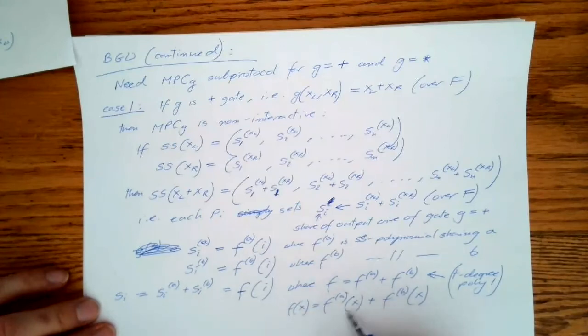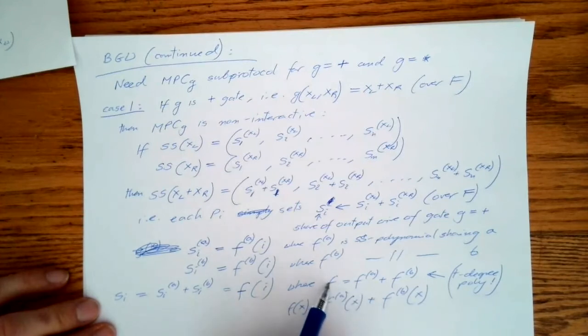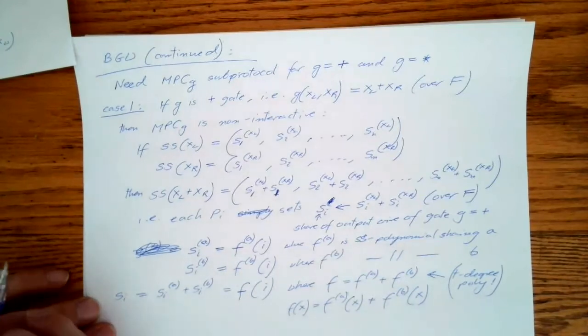Because if this is a t-degree polynomial, and this is a t-degree polynomial, you just add them coefficient-wise, and you get this polynomial. So this corresponds to coefficient-wise addition. This polynomial is defined by coefficients which are index-wise sums of the coefficients of this and the coefficients of this. Okay.